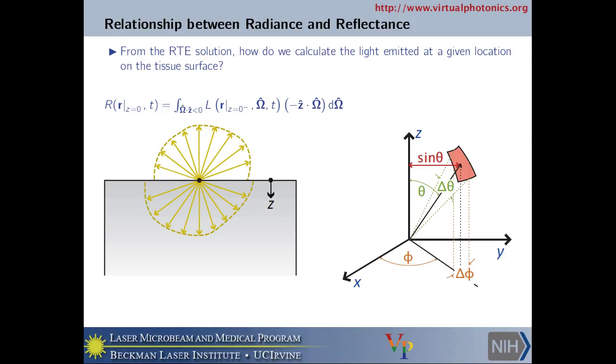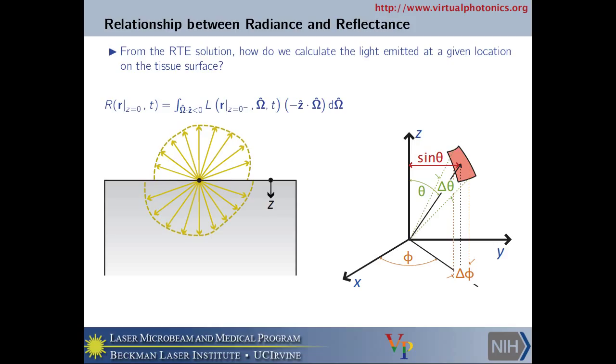And then what you need to do is that the reflectance, typically your detector is not a sphere. Your detector is a planar surface. So what you need to do is that you need to take this direction of propagation, and you have to take the projection of that onto the outward pointing normal. And since I've defined the inward pointing normal as z, I have to take the projection onto minus z.